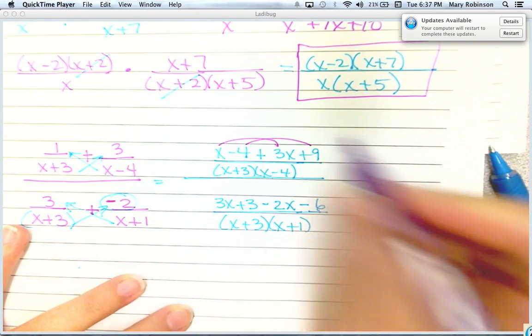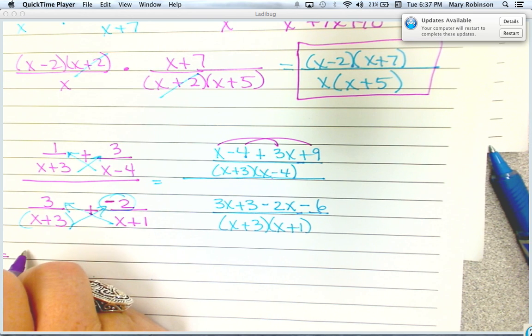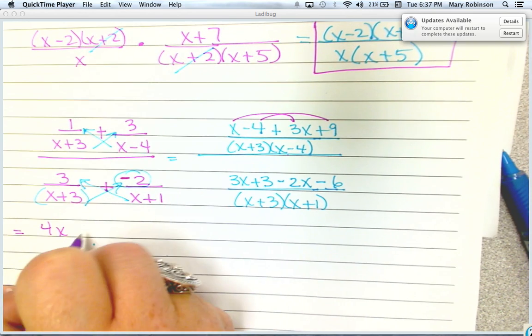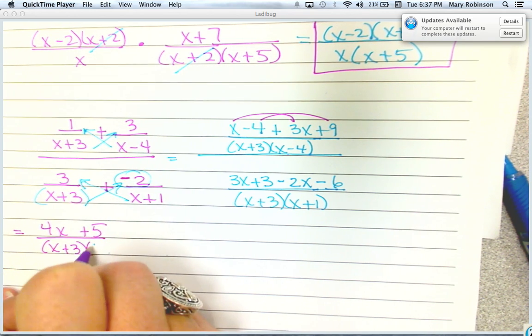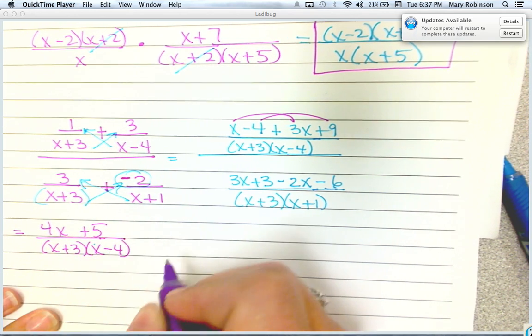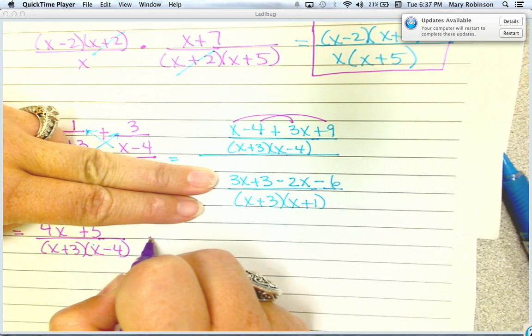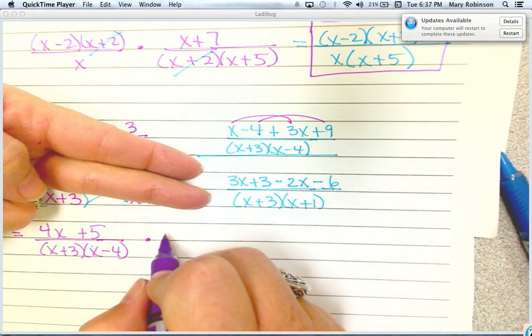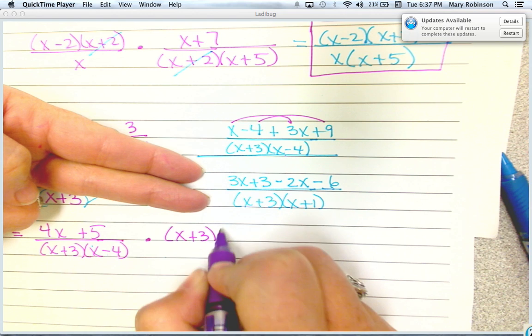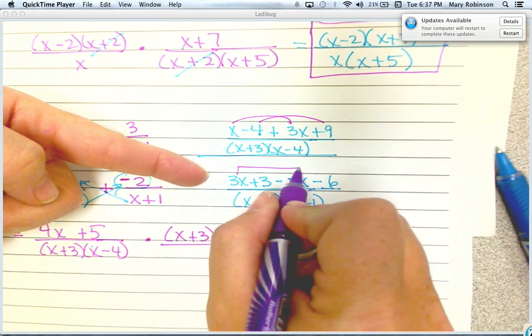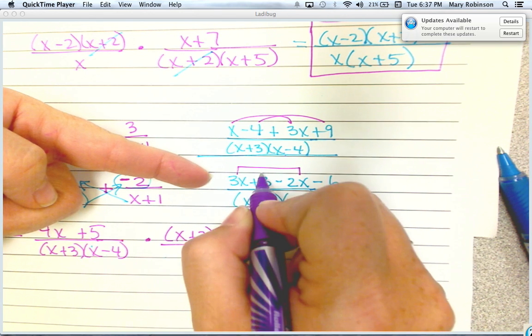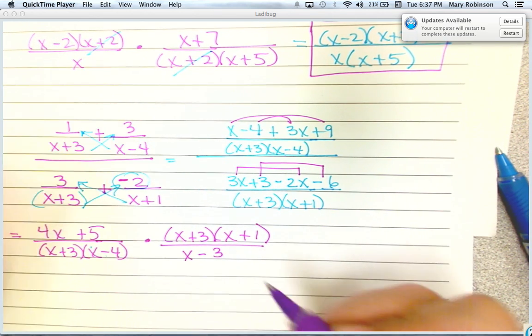So if you combine these terms, you're going to have 4x plus 5 over the quantity x plus 3 and x minus 4. Now I'm going to go ahead and change division to multiplication and flip this and put my x plus 3 up top and my x plus 1 up top, all over combining these terms, x minus 3.